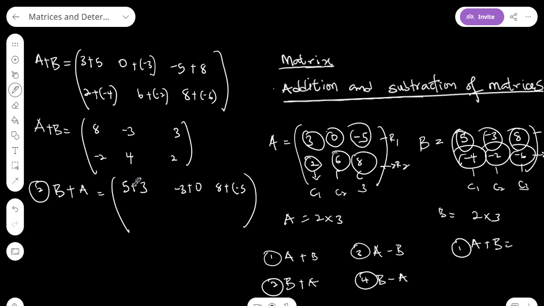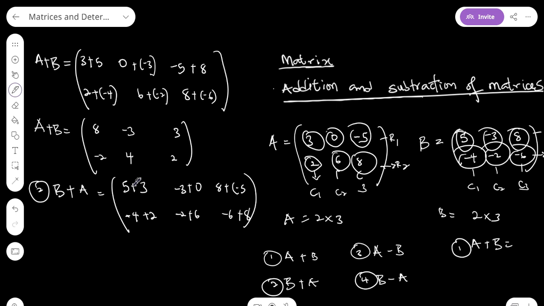Now we have minus 4 plus 2, minus 2 plus 6, then minus 6 plus 8.